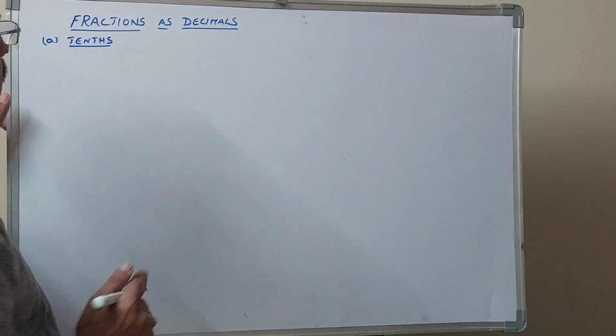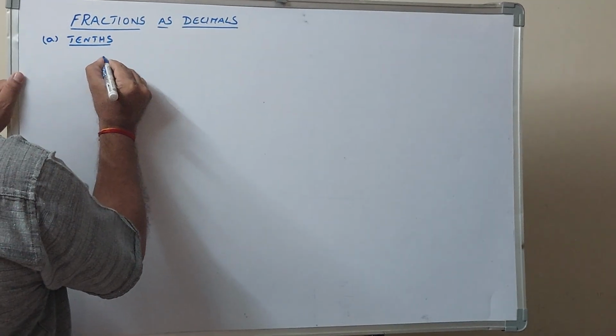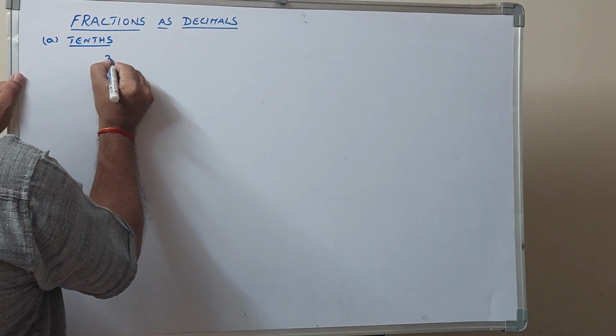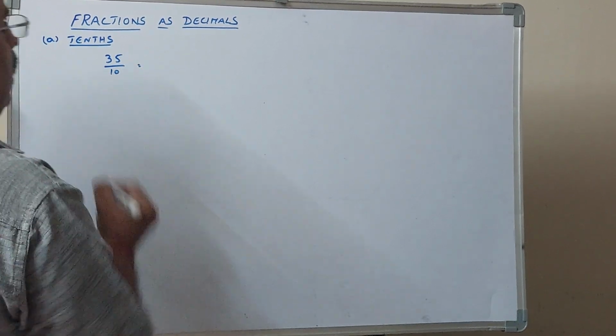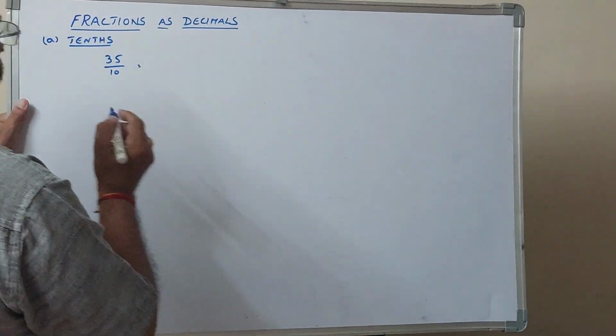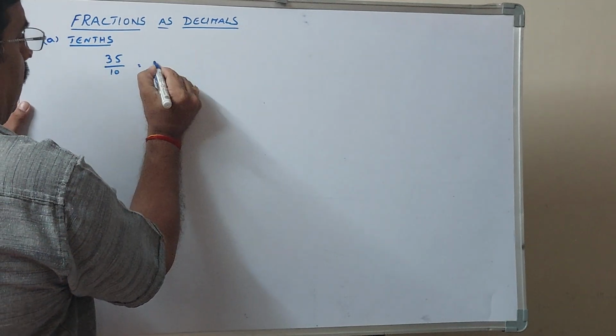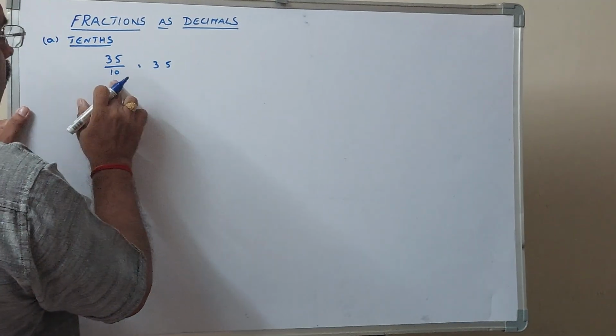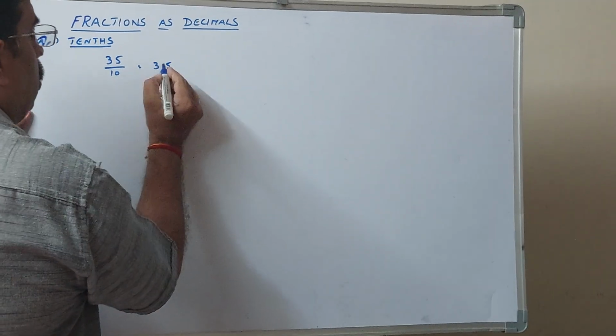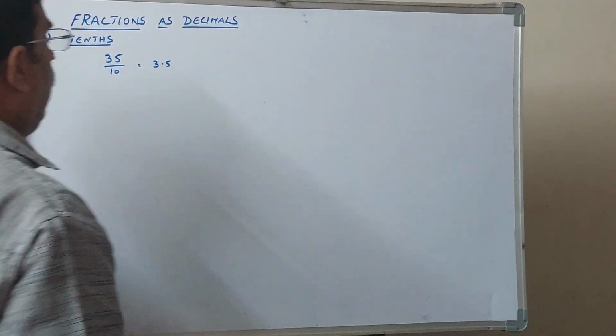If I give you a number 35 by 10, how to convert it to decimal? What I told you: write down the number and put the decimal point leaving the rightmost digit, that is 3.5.